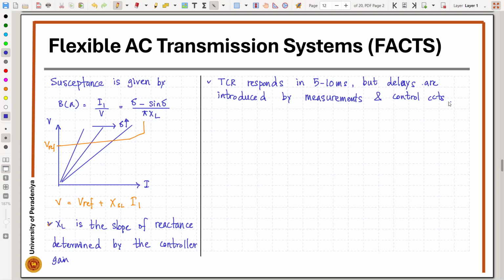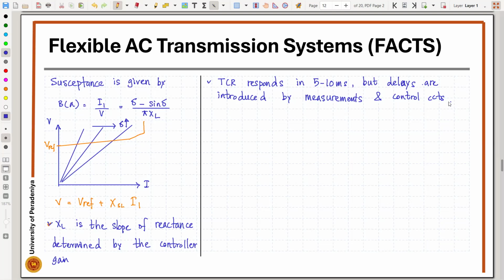But one thing we should remember is that if we take an inductor, we can control the current flowing through the inductor. But when it comes to the capacitor, we can control the voltage, but we won't be able to control the current flowing through the capacitor. So if we connect a capacitor to a system, then we are providing a fixed amount of reactive power depending on the voltage. We won't be able to control the amount of reactive power from the capacitor.